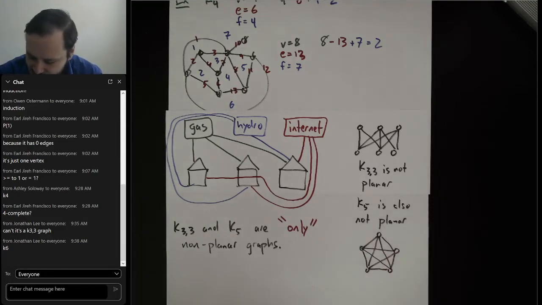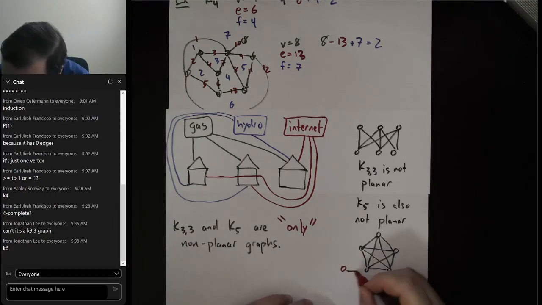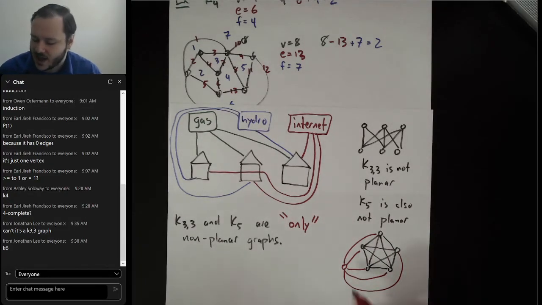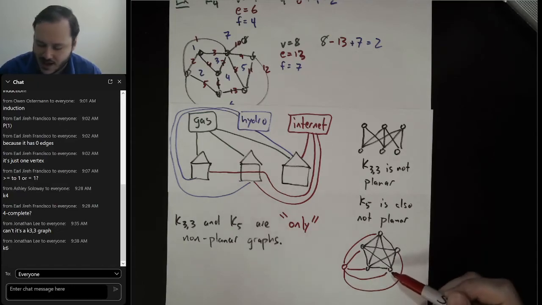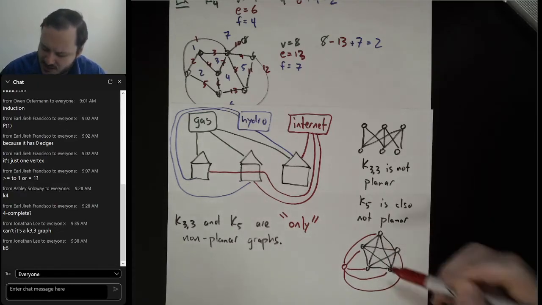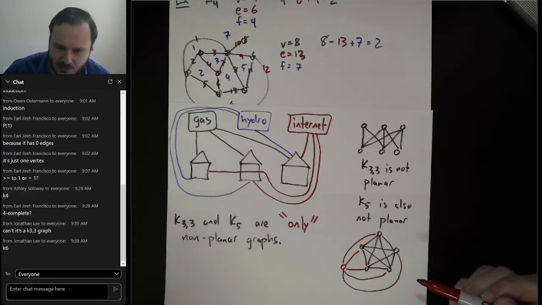If K5 isn't planar, there's no way that adding another vertex and all of these extra edges is going to get me planar. Like, sure, I can add that one vertex in a planar way, but if there's no way to make this one not planar, then how can this vertex help somehow?